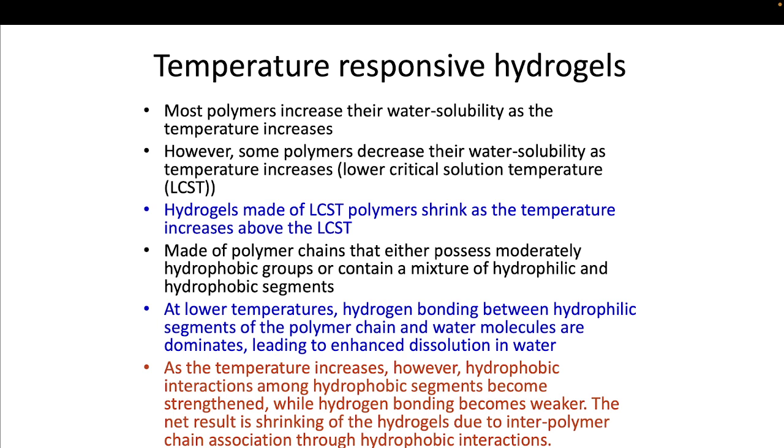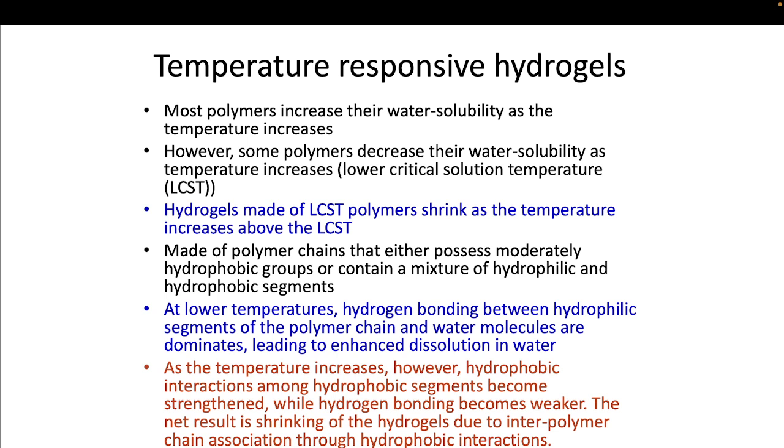But for temperature responsive hydrogels, we can make them with polymers which have both hydrophilic and hydrophobic parts. So as the temperature increases, if you follow the points written on the slide, the hydrophobic interactions will become stronger and the hydrogen bonds become weaker. So once you put this hydrogel into water, it will definitely interact with water because of the hydrophilic parts. So as you increase the temperature, this interaction between the water and the hydrophilic part will break and the hydrophobic interactions become more dominant.